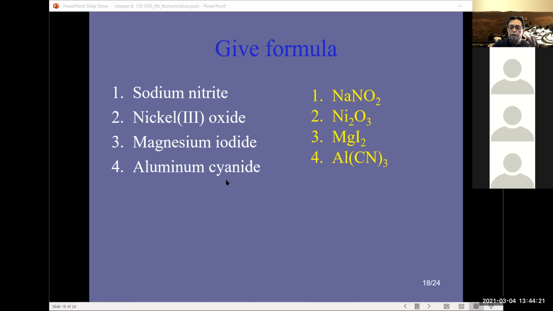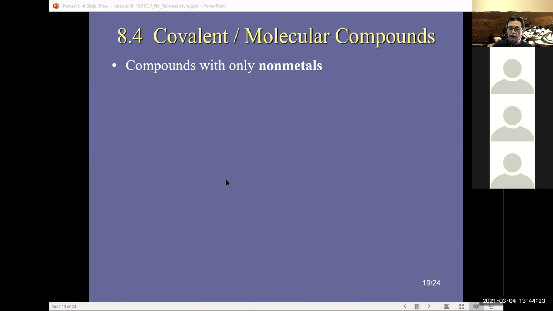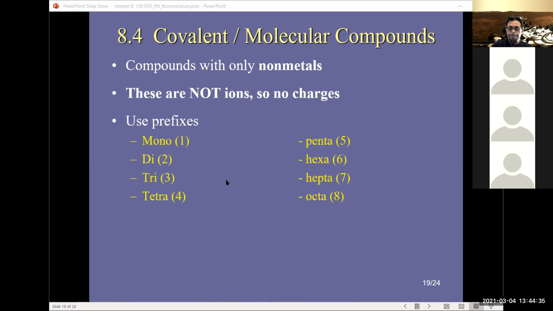Okay. But when we get into molecular compounds, when you have a combination of just simple nonmetals coming together, now we get into prefixes. Okay. And like I said, they're not ions, but they come together and the naming remains the same. So oxygen will be used for molecular compounds, and it's oxide, be it sodium oxide or carbon dioxide.